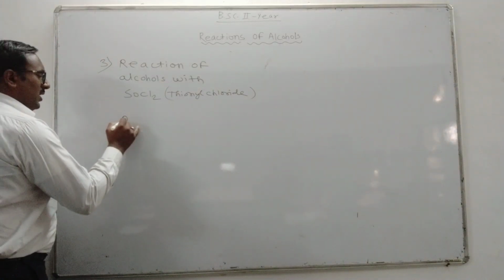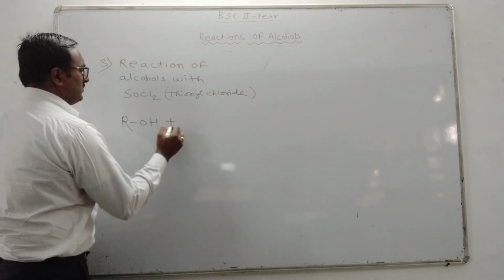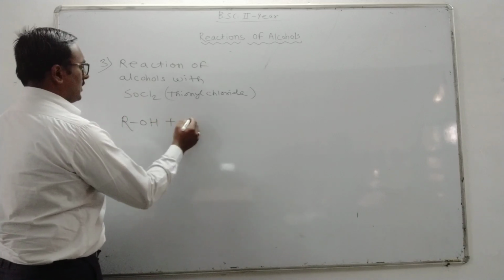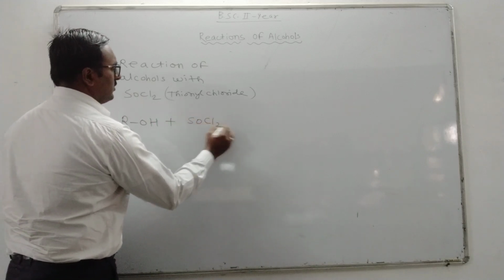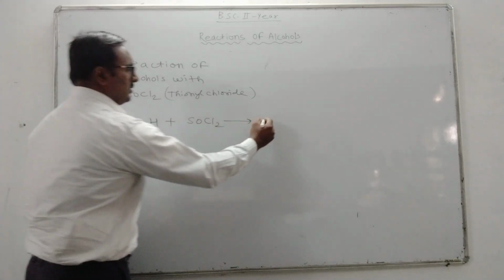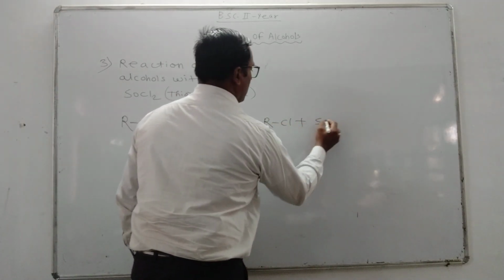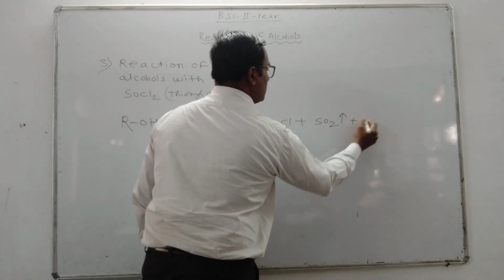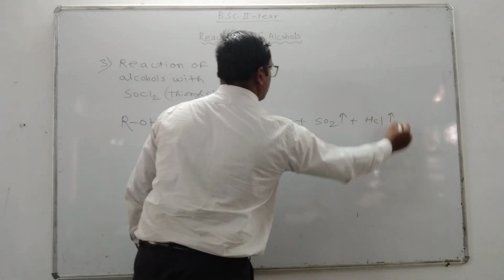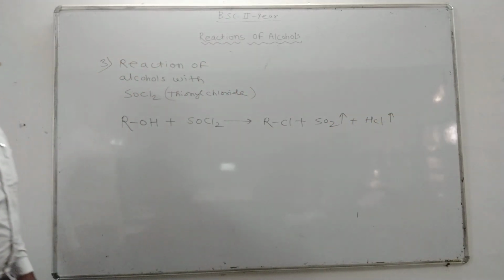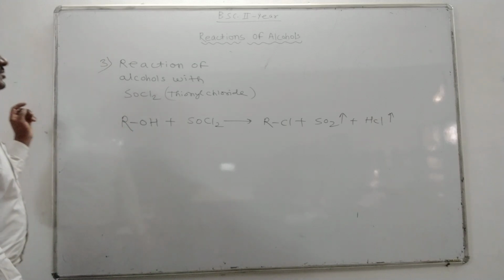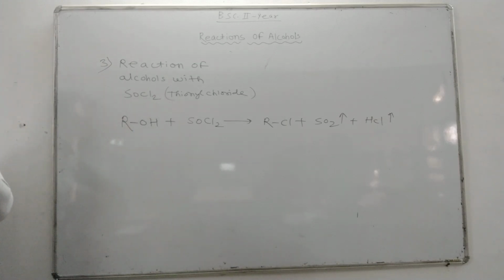We have alcohol ROH plus SOCl2. There is formation of RCl plus SO2 plus HCl. Both are in gaseous form. Upward arrow indicates that. So let us discuss the mechanism for this reaction.